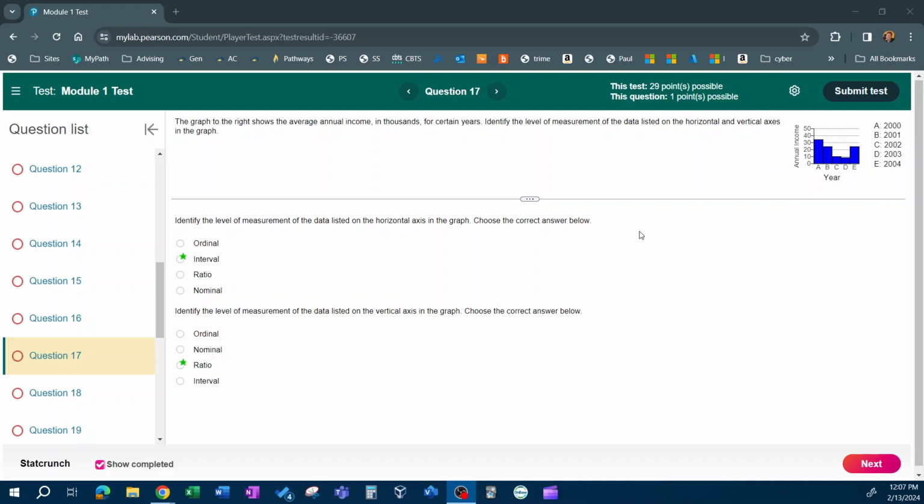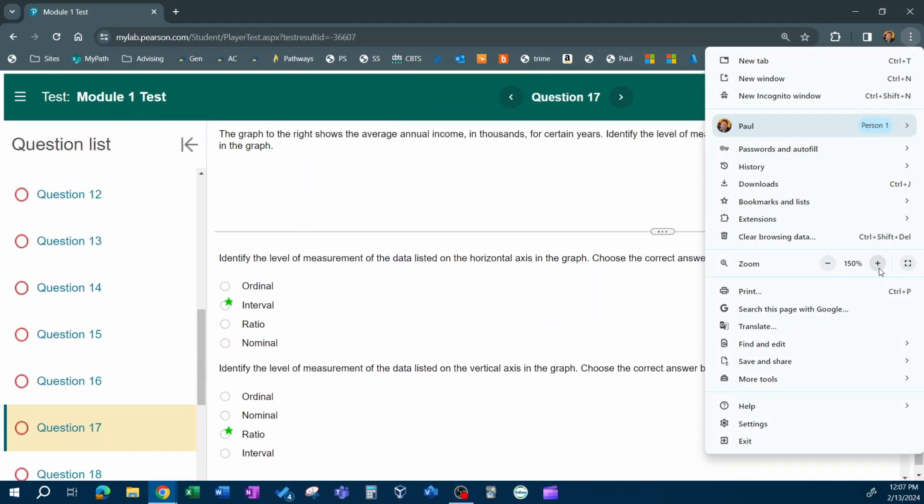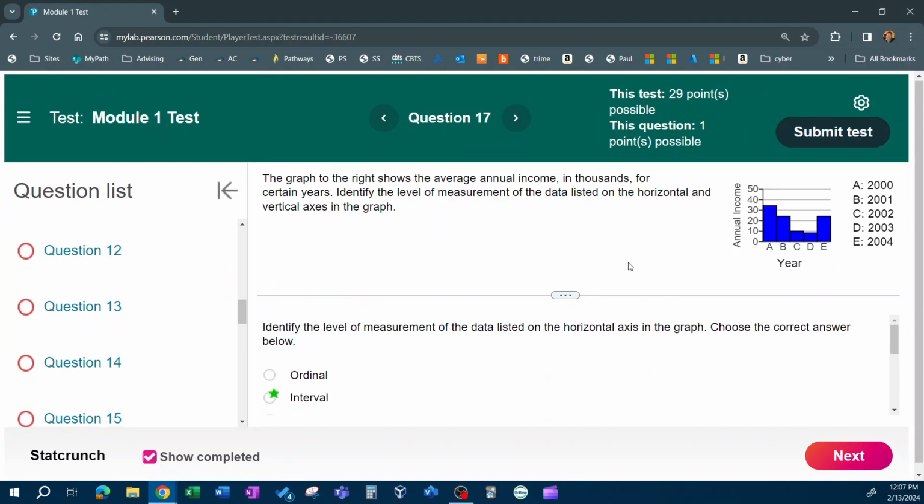Maybe you can see that. This is the horizontal axis, and this is the vertical axis. Identify the level of measurement on the horizontal axis. A, B, C, D, and E are on the horizontal axis, even though they're written vertically over here.